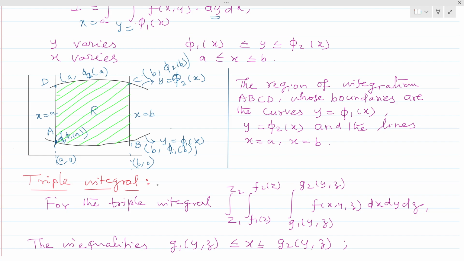Very important thing is you should know how to find the region and how to find the intersection points.